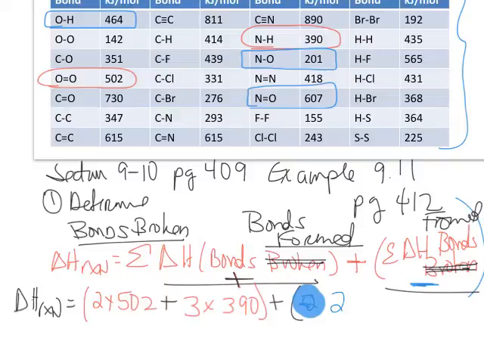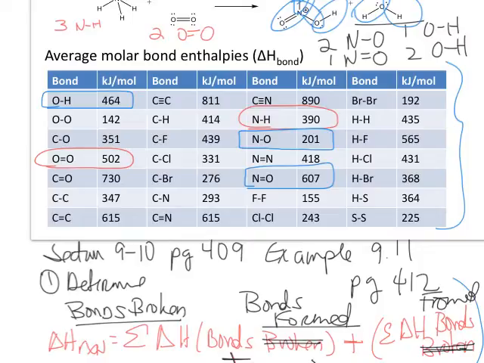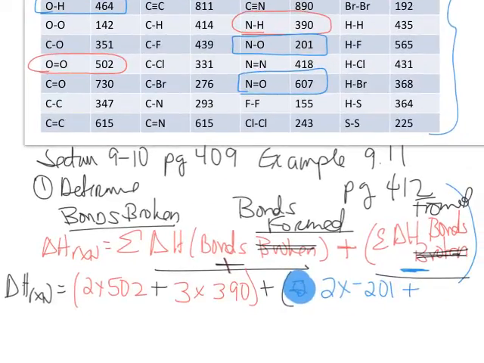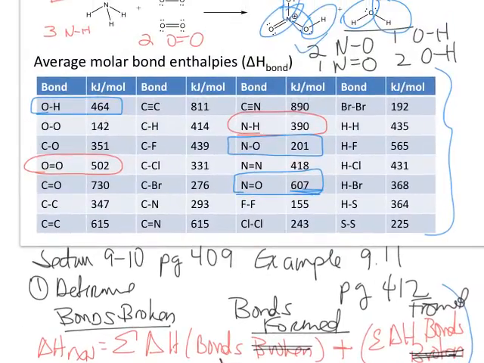2 times a negative, NO 201, plus, that's the NO, we had 2 NOs. We have 1 N double bond O, so that's plus one of these, which is negative 607 right there. And then how many?